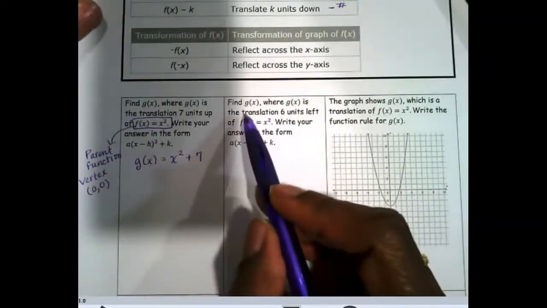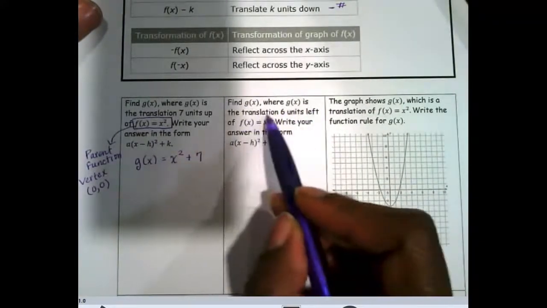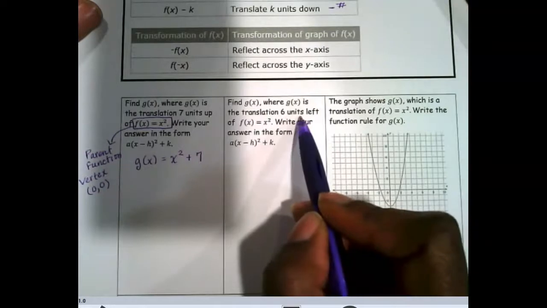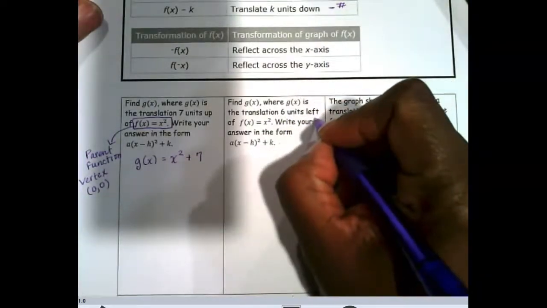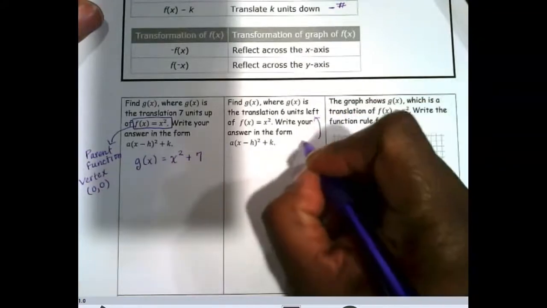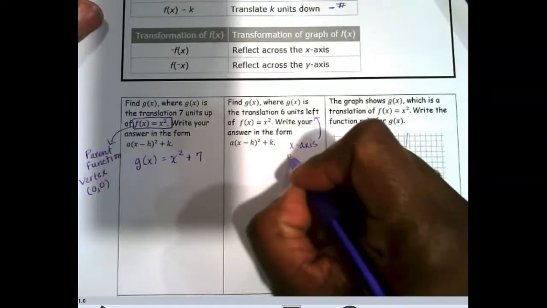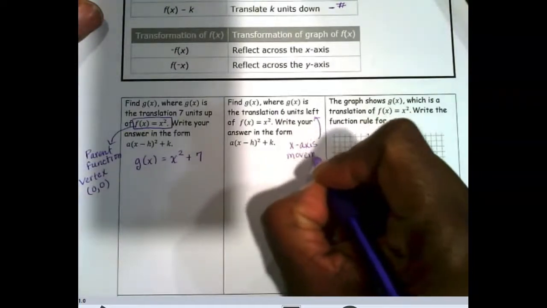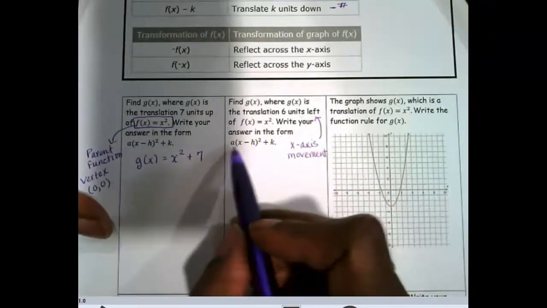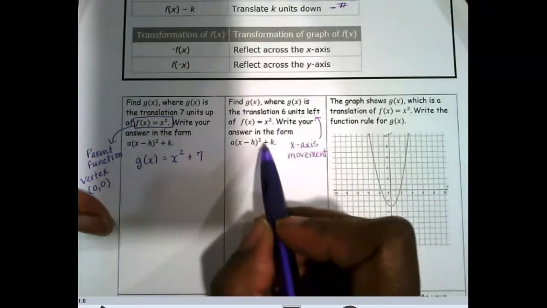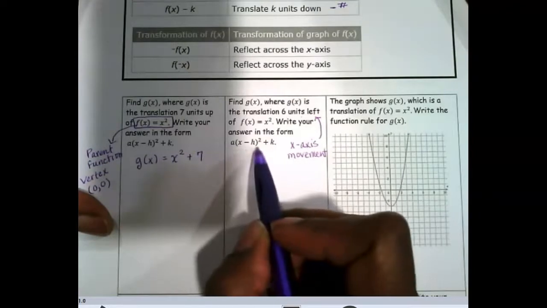Now, the next one, find g of x, where g of x is a translation 6 units left, meaning it's a movement on the x-axis. So I'm going to write x-axis movement. And it says write your answer in the form a times x minus h squared plus k. So remember, this is vertex form.